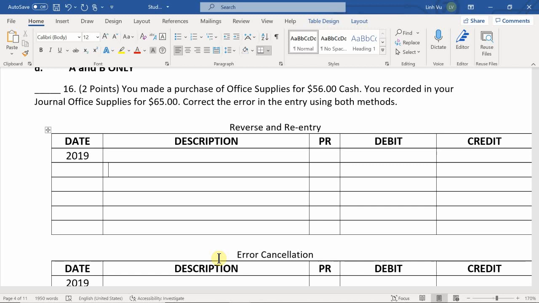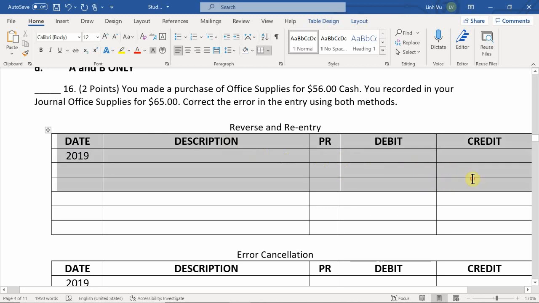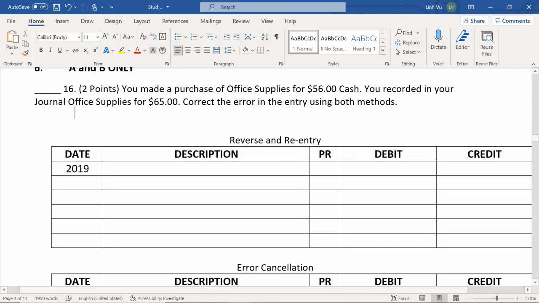Do we go in and debit the $65 for office supplies? Not for office supplies. The cash on the debit and the supplies on the credit for $65, and then you re-enter the purchase.